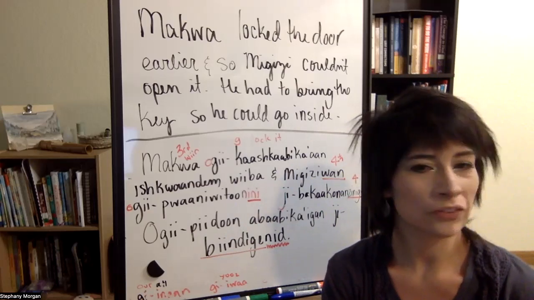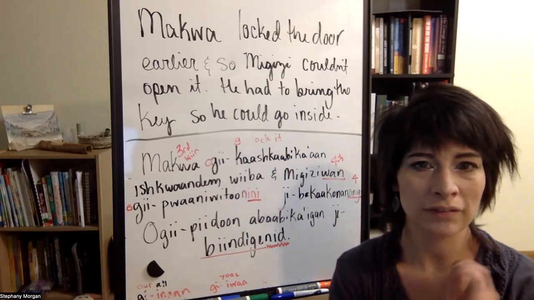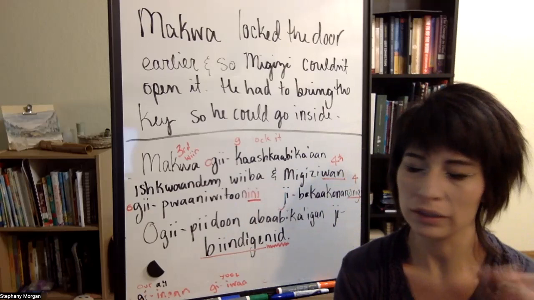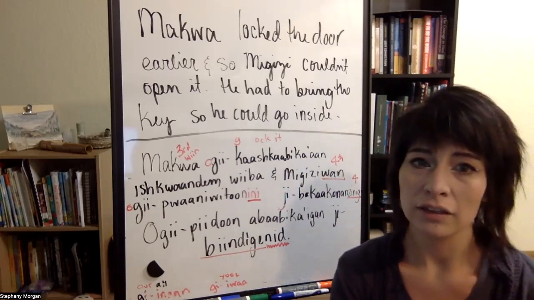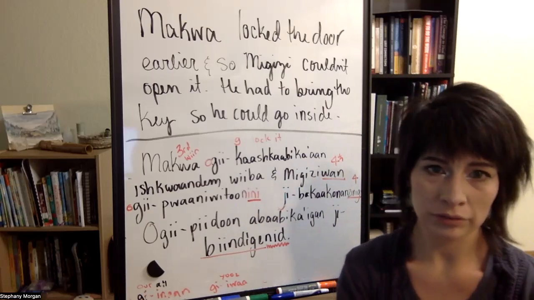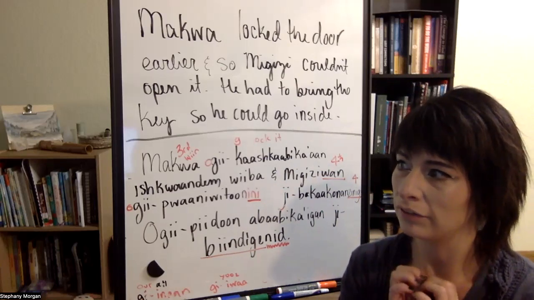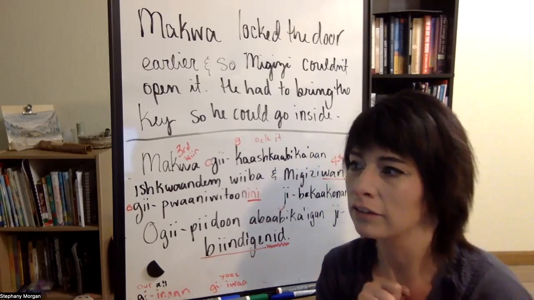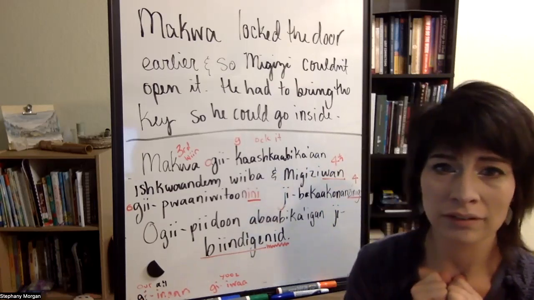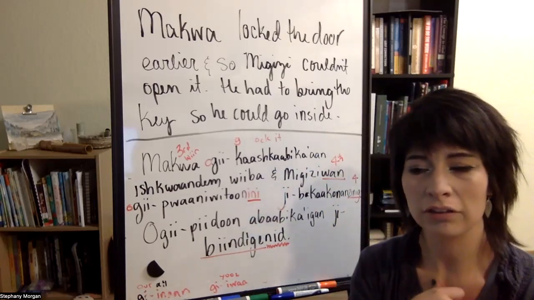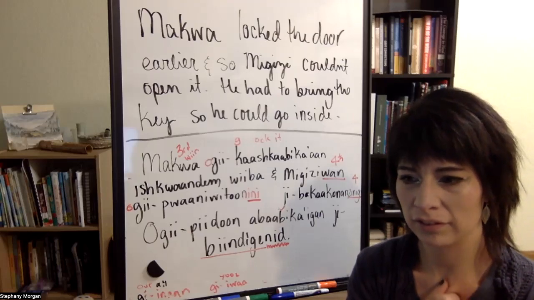And this is going to become more relevant based on the kind of interactions that you're having. In my class, I was told that many classes kind of avoid teaching about obviation, which is what this is called, just because it's such a foreign concept to English speakers.